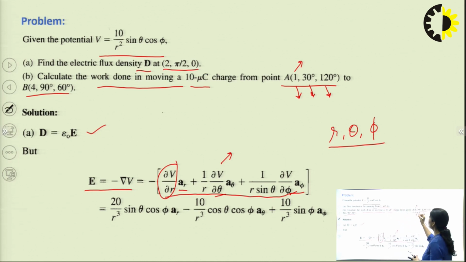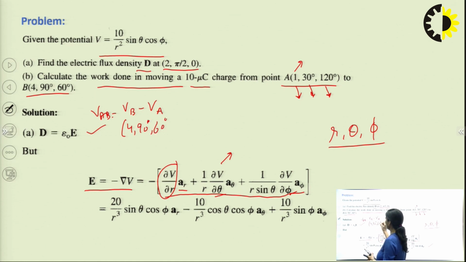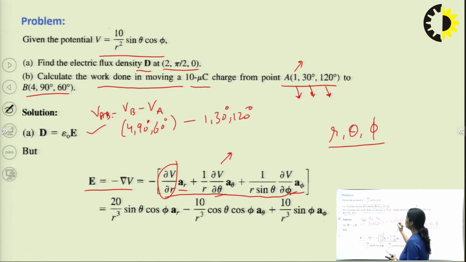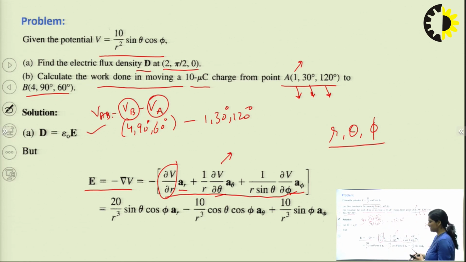So put the values here for A and B. First write down VB minus VA. When you are finding VAB, put here the values 4 comma 90 degree comma 60 degree and 1 comma 30 degree comma 120 degree. Then you will get VB and VA, and you will get VAB.